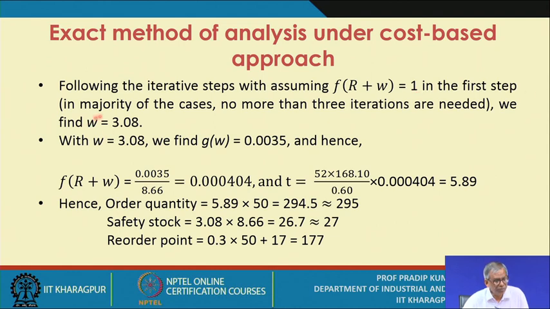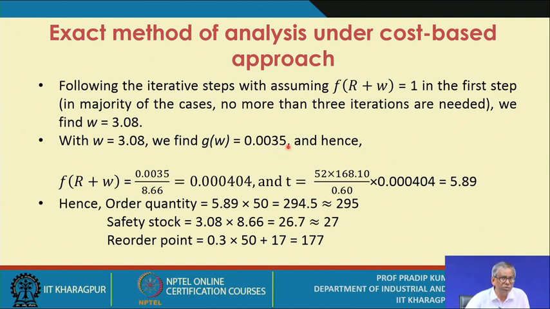In the majority of cases, this point is to be noted, no more than 3 iterations are needed. Following these iterative steps, we find a value of W as 3.08. With W equal to 3.08, we find G(W) is 0.0035.